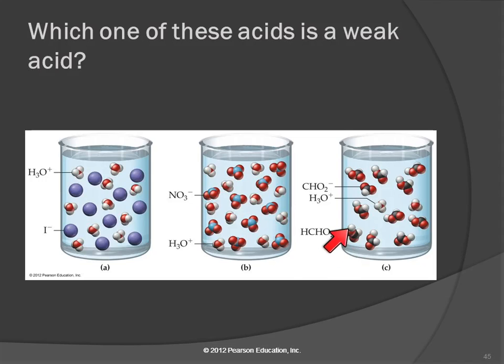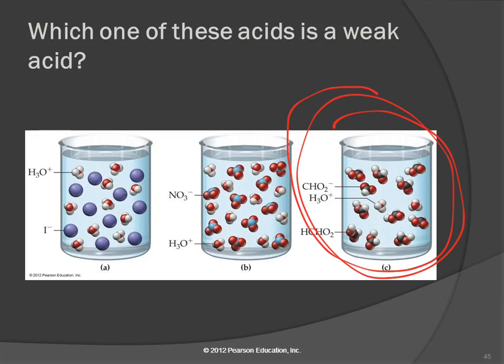So a lot of these HCHO2s did not come apart. They did not ionize. That's a weak acid. Would there be a weak acid here as well? No, because there's only two kinds of particles. It ionized completely. So the answer is C. This is the one that's a weak acid.